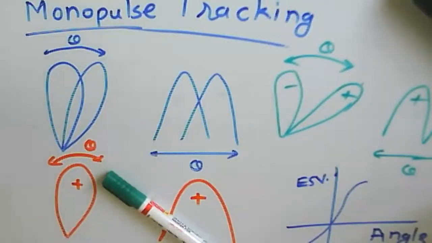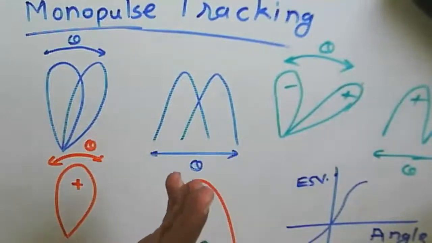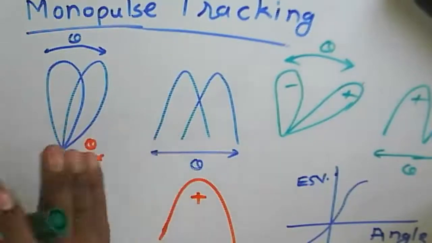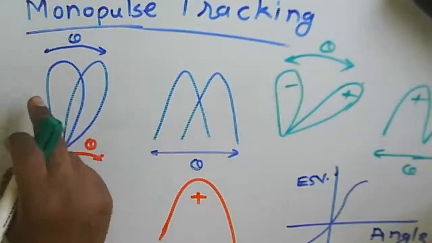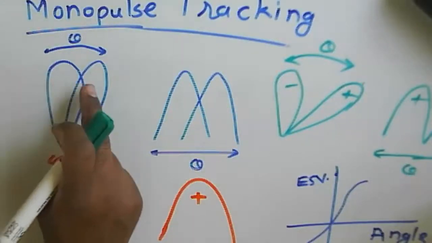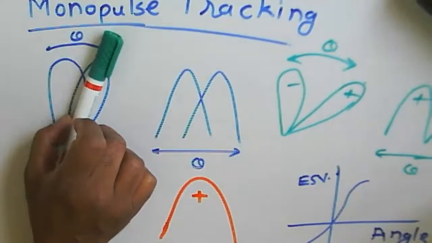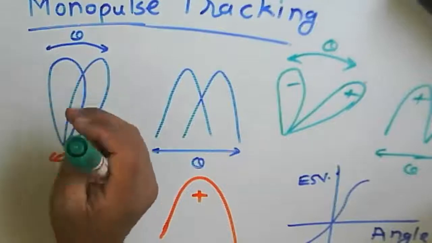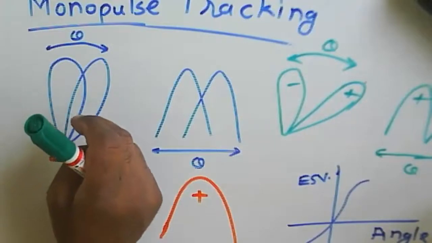For a given target, initially we send a pulse to find the target, and then we slightly shift the position of the beam. So in different directions we get two beams with a slight direction change. Only the antenna direction changes. The angle between these two beams is called the squint angle.